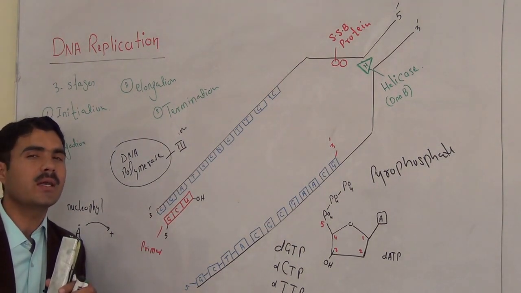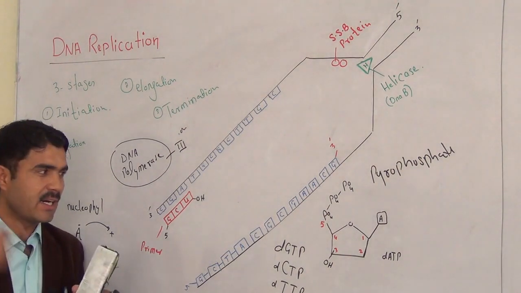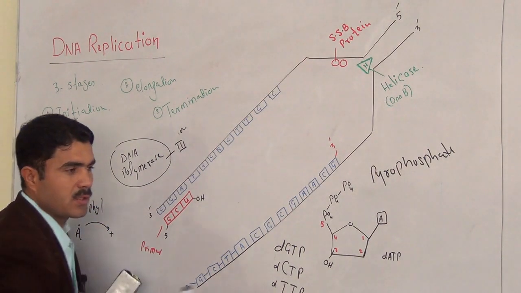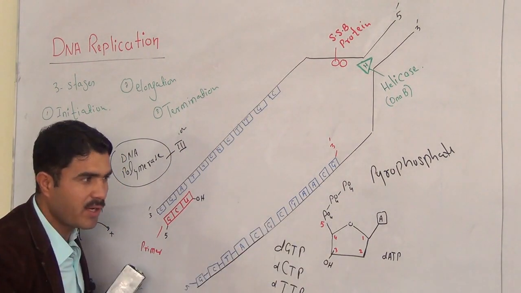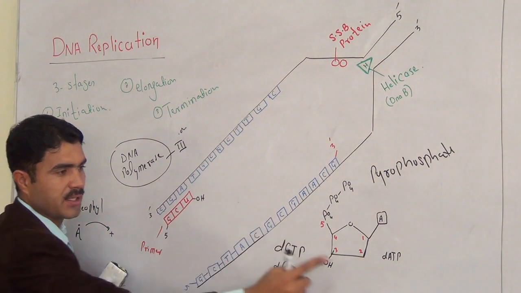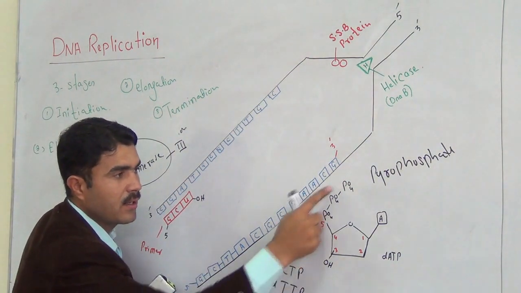So we will expect a nucleophilic attack here. The DNA polymerase will take one nucleotide. Let's suppose this is the nucleotide, and it will attach the nucleotide here, because the nucleotide contains phosphate.